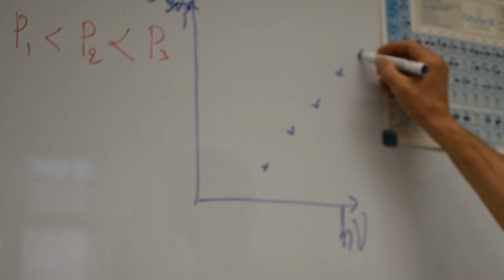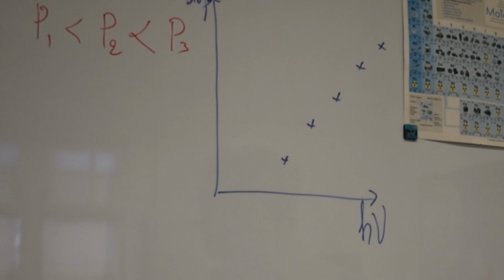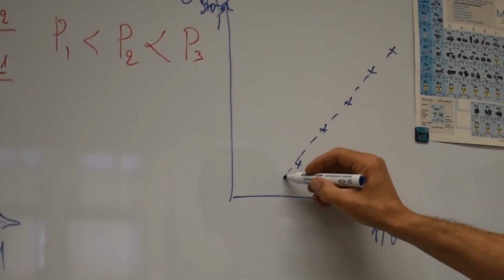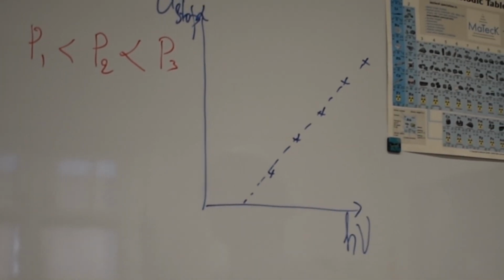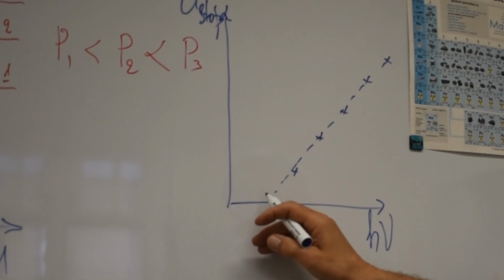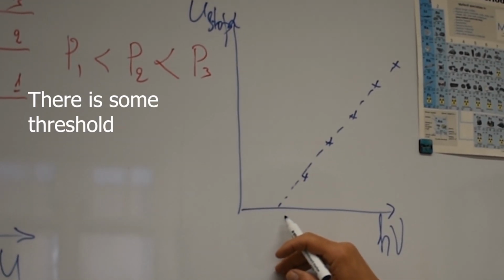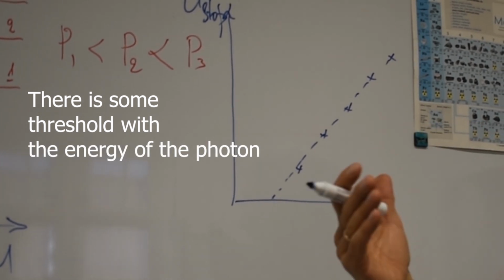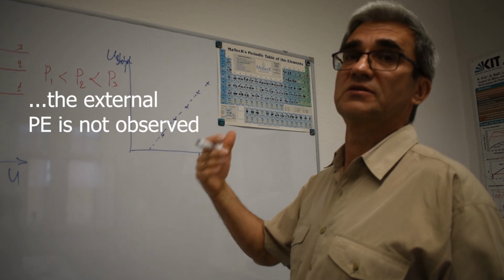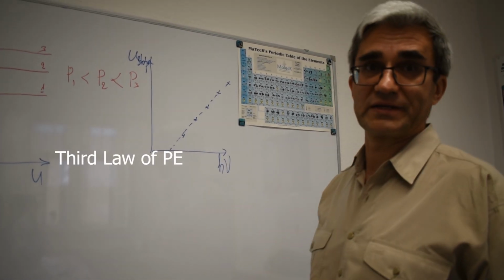It increases with increasing energy of the applied photon, but if we extrapolate this dependence to the axis of energy, we come to zero stop voltage at non-zero energy of the photon. So there is some threshold value of the energy of the photon below which the external photoelectric effect is not observed. This is the third law of the photoelectric effect.